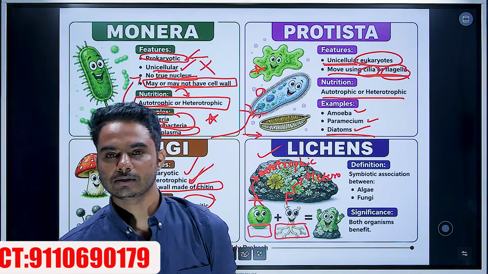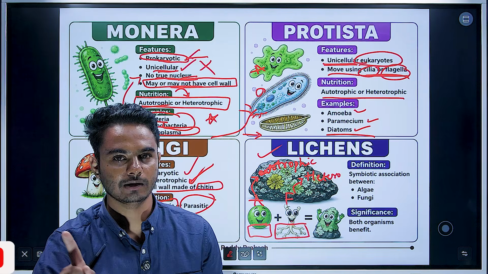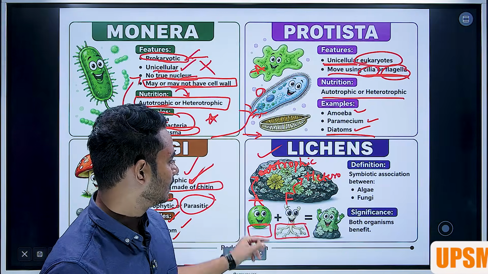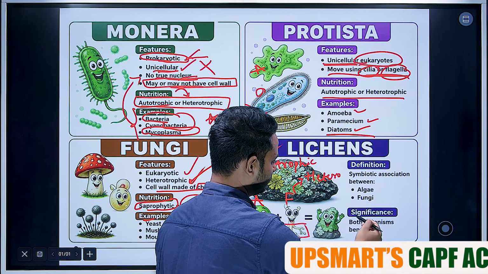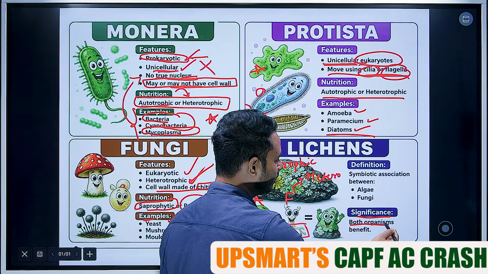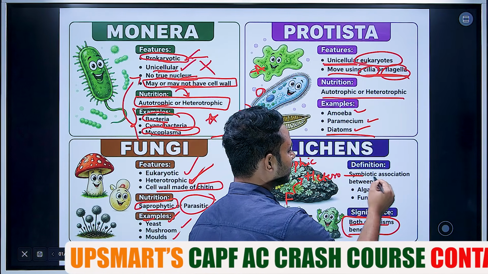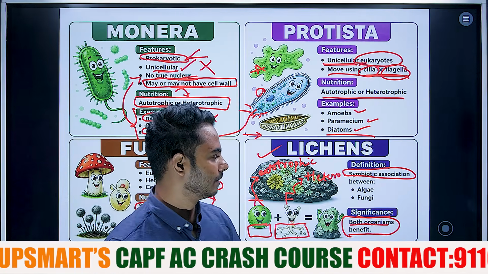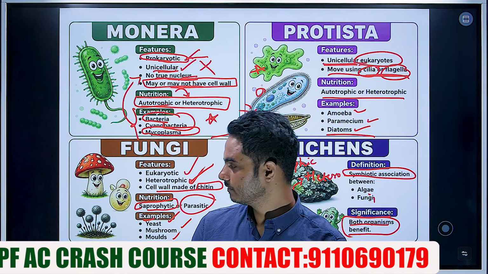They say, I will give you the protection, you give me the food. That is the symbiotic relation between algae and fungi, which is significant for both of them, and both organisms protect each other. That is called symbiotic association, between algae and fungi. Easy, very easy.